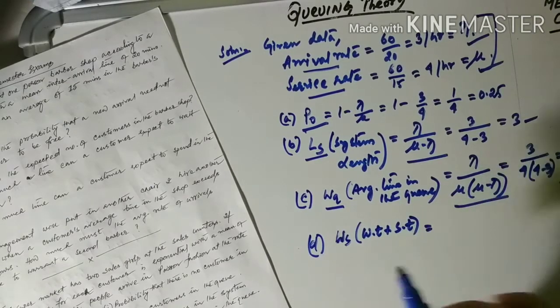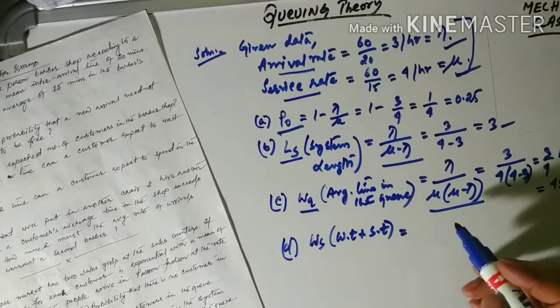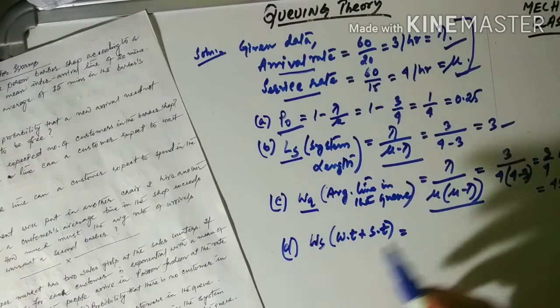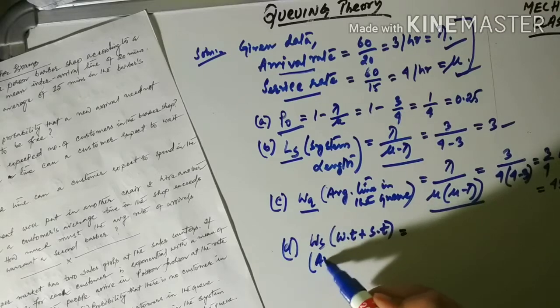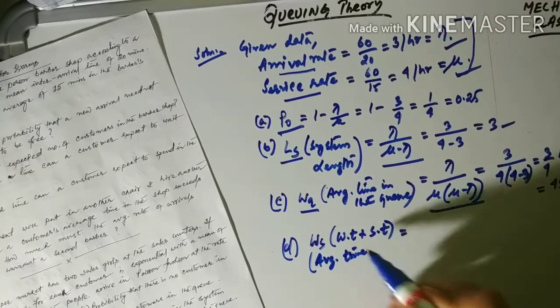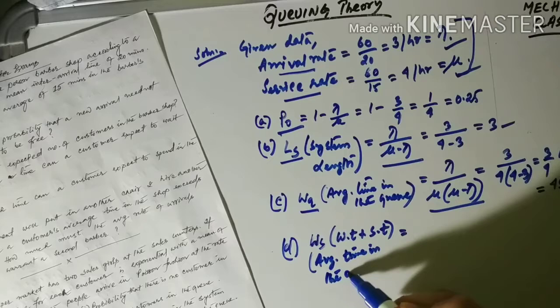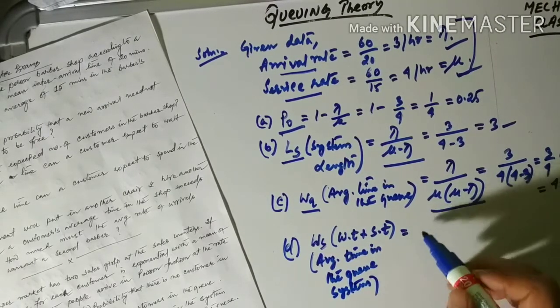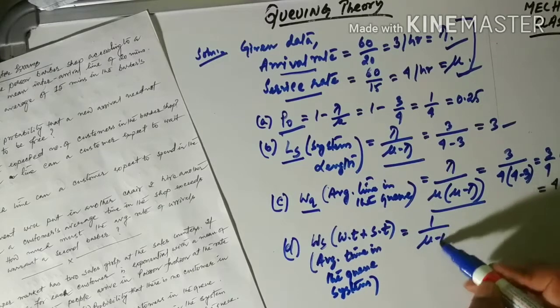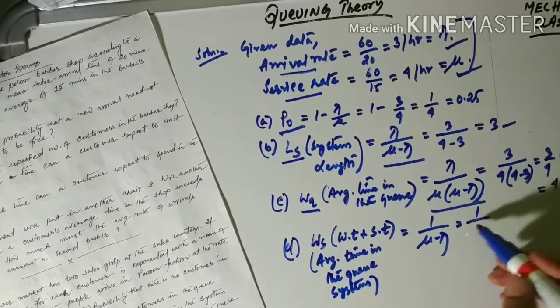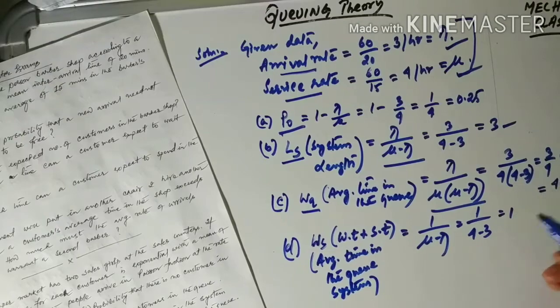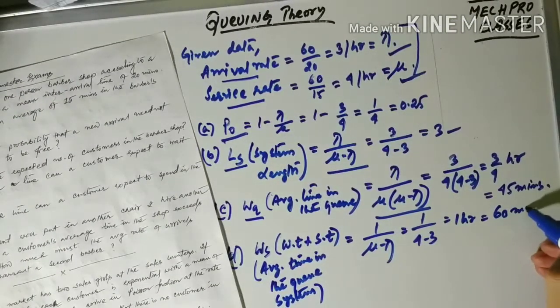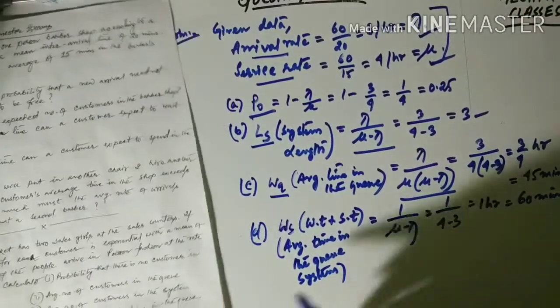Ws is the average time in the queue system, and it is given by the formula 1 by (mu minus lambda). So 1 by (4 minus 3) gives 1 hour, or you can say 60 minutes, whatever you want.